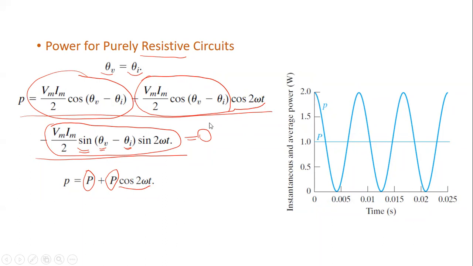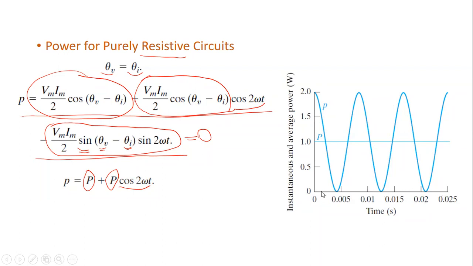And since at time 0, cosine of 0 is equal to 1, at time 0 we will have the maximum value. So the maximum value here is 2. As you see, the double frequency sinusoid is completely above the x-axis.